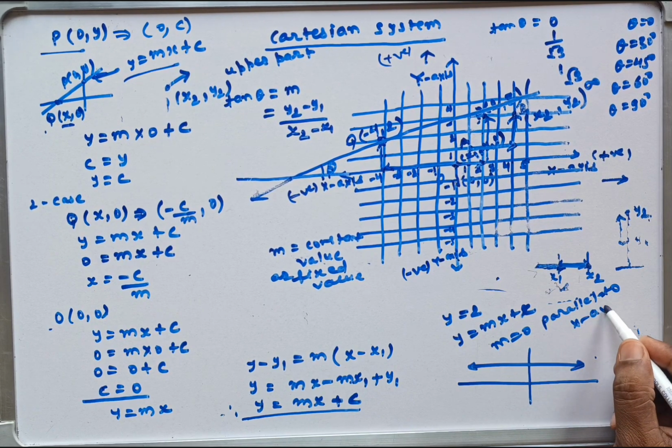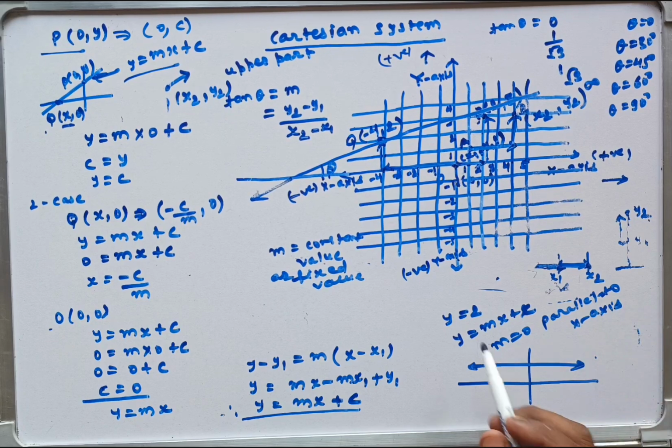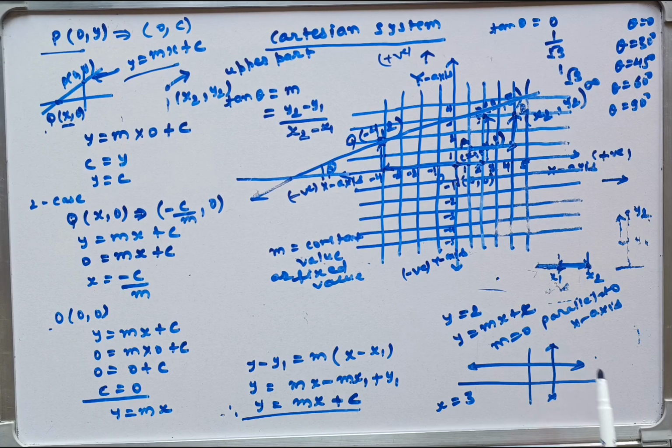Next one guys, suppose x equal to any number, say 3, then this line is like this one. In this case the line is parallel to the y axis.